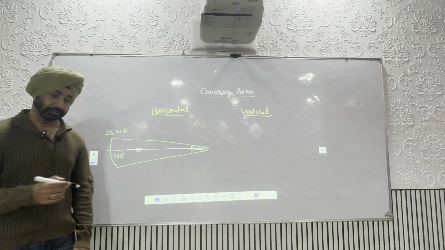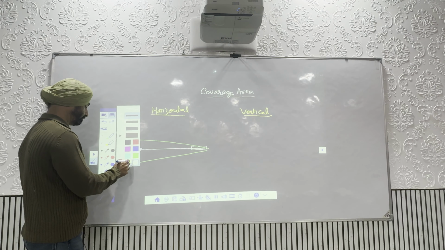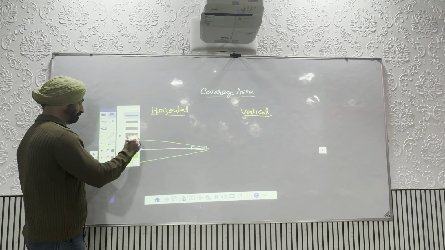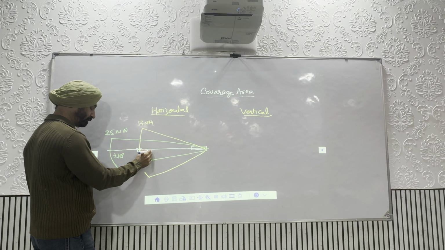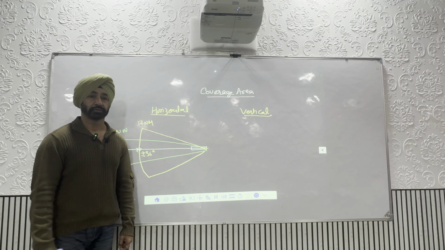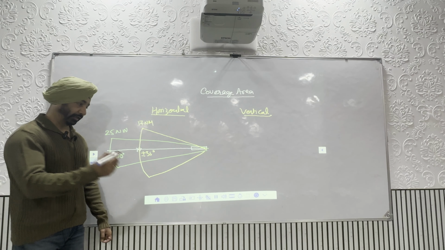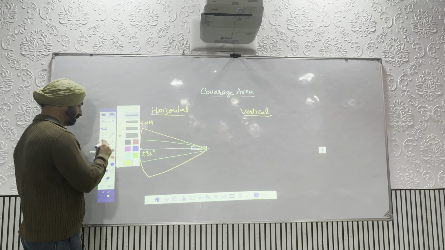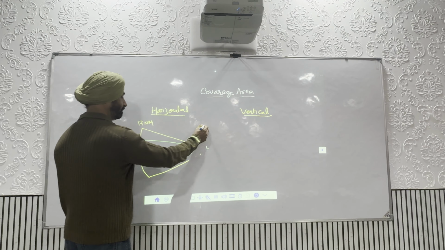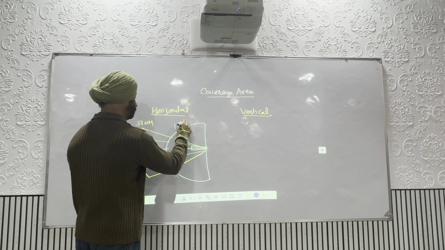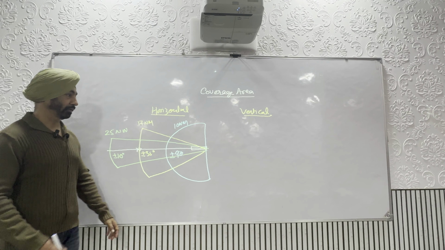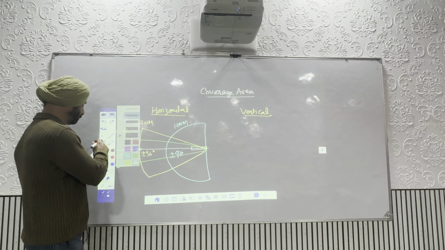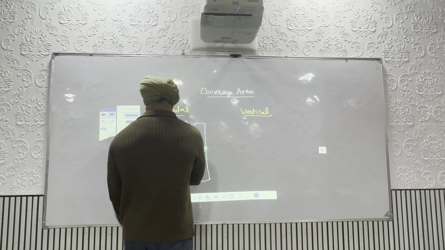As you keep coming closer, it expands, meaning you can receive the signal up to 17 nautical miles at plus minus 35 degree. As the aircraft comes further closer, this signal can be received up to 10 nautical miles at plus minus 90 degree.